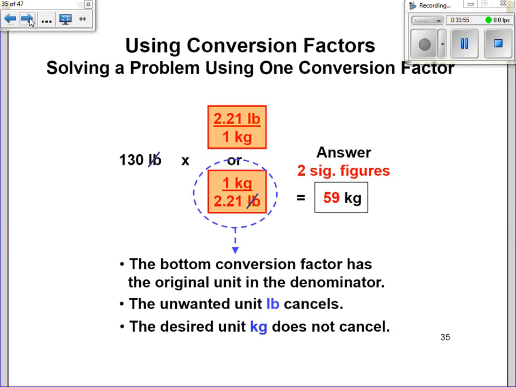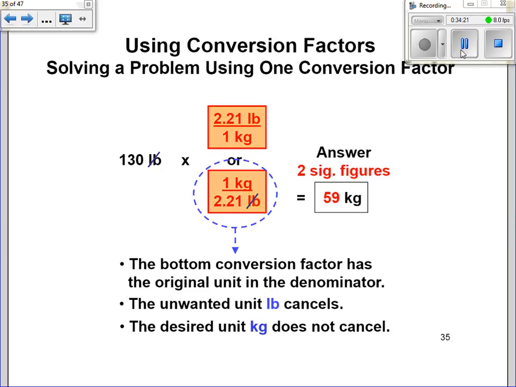To get the pounds to cancel, you have to use the bottom one, because this is in the numerator, this is in the denominator. So the pounds cancel. Now you do the math. 130 times 1 divided by 2.21, 59 kilograms. Remember, 2 significant figures, because 130 only has 2 significant figures. Okay.